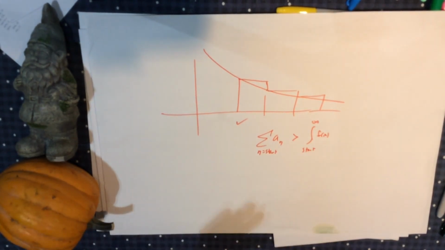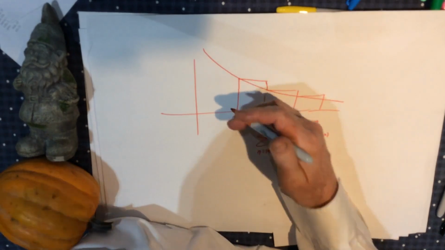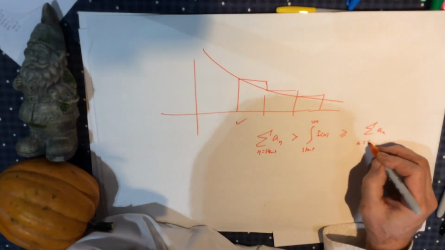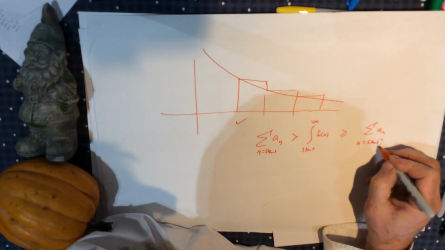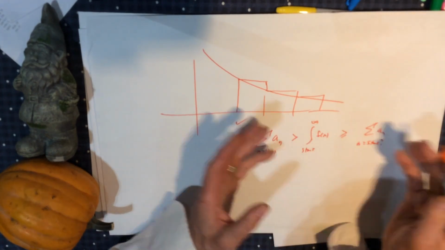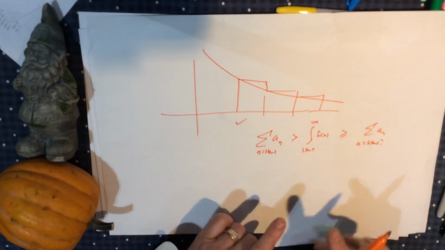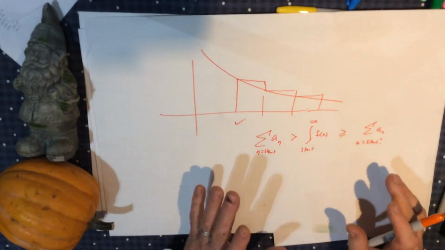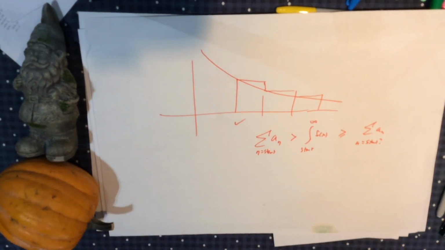So that's kind of neat, because when we use the lower one, this is bigger or equal to some part of the series, might be a different starting point. And this is really powerful. We're going to use integrals to start understanding the size of these values for these series.